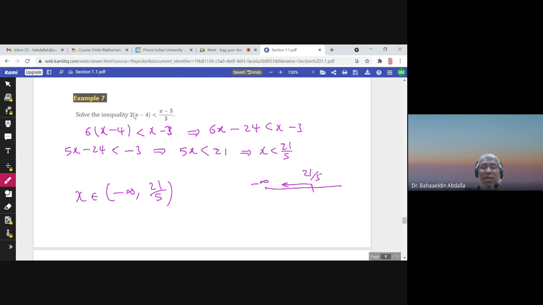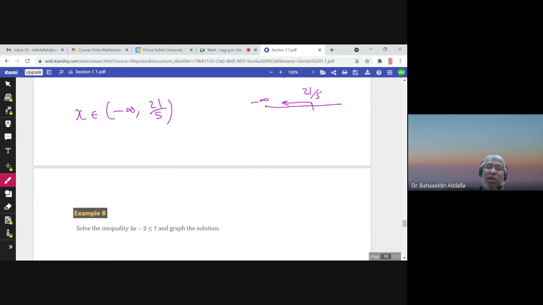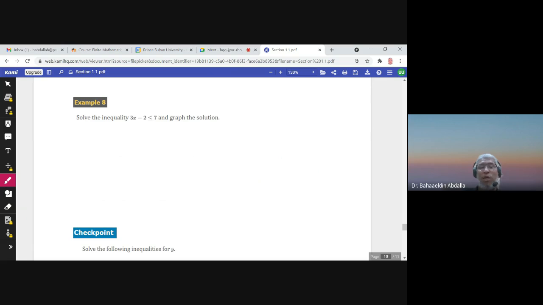If you put x as 0, you have here -8 and here -1. -8 is less than -1. That's correct. If you choose a number greater than 21/5, say 10, if you put it here, you will find it not correct. By this, you can check your answer.